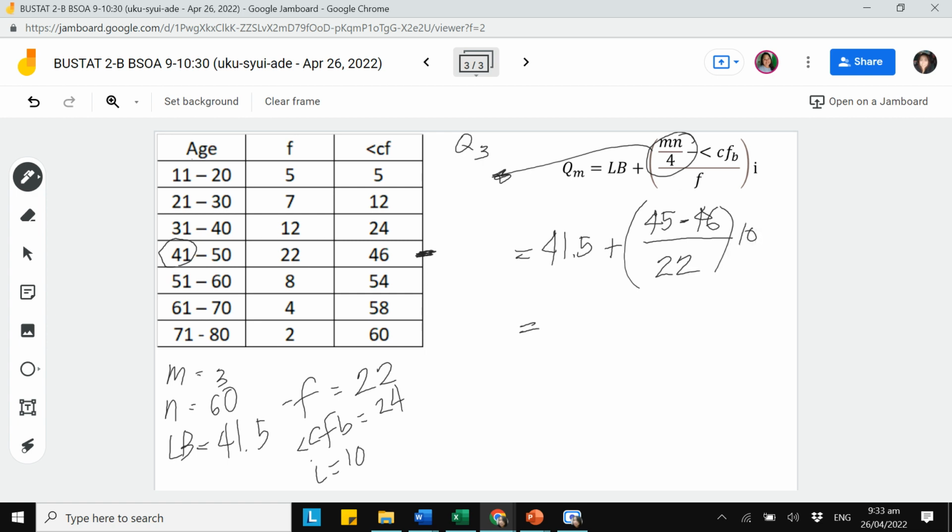So that would be how much? Okay, let's do the math. So the numerator becomes negative, right? So 45 minus 46 divided by 22 times 10 plus 41.5.